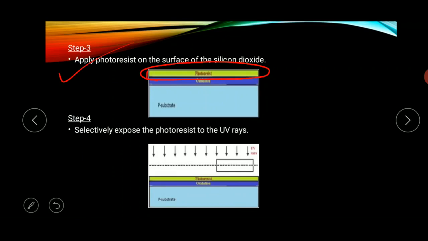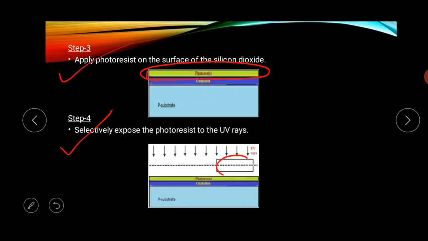We generally use positive photoresist. In step 4 we apply the UV rays to the photoresist layer, but the whole photoresist layer is not exposed to the UV rays. We selectively expose the photoresist to the UV rays.